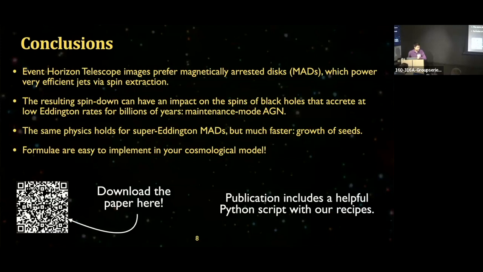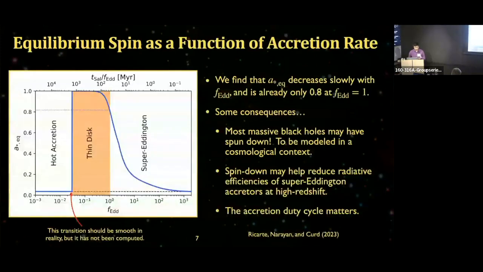So first of all, their spins could also be zero for other reasons. So you may not get to these equilibrium spins if, for example, accretion is always coming in at random directions, and then you'll just spin your black hole down to zero. Also, if you're below, I think it was about 0.3 Eddington, you do get a thin disk, which is not really MAD.